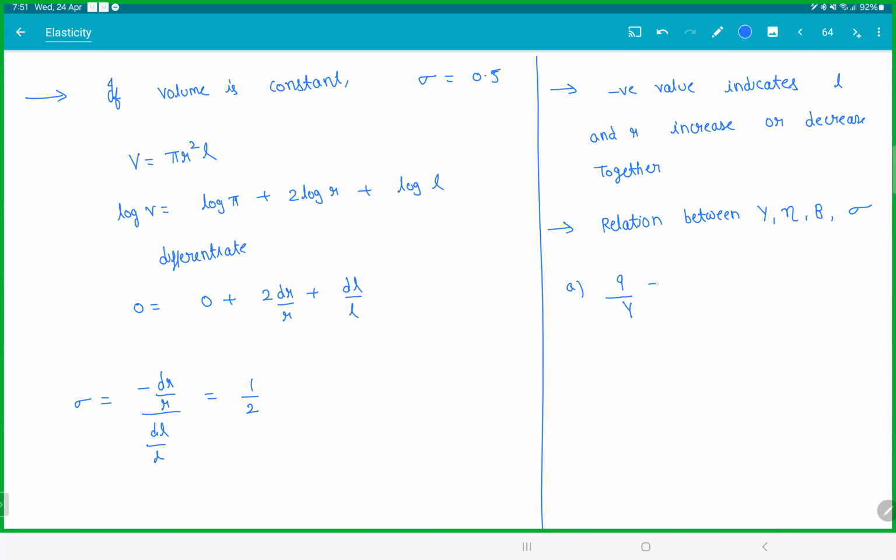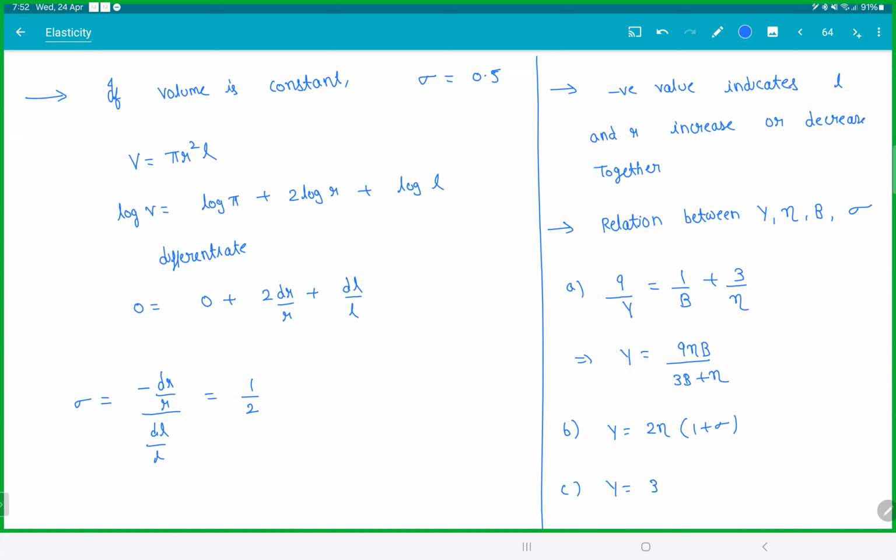9 by Young's modulus is 1 by bulk modulus plus 3 by rigidity modulus. Y is equal to 9 beta n by 3 beta plus n. Y is equal to 2 rigidity modulus times 1 plus sigma.